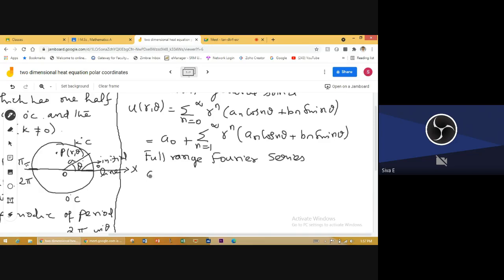What is the a naught formula? a naught is 1 by pi integral from 0 to 2 pi of f of theta d theta.